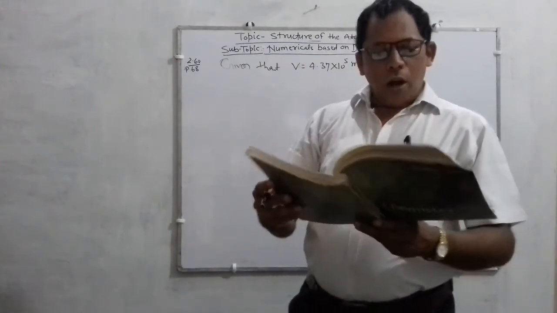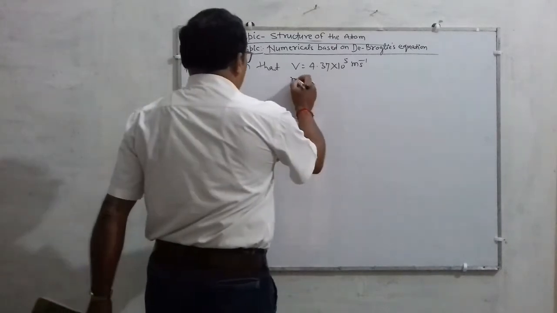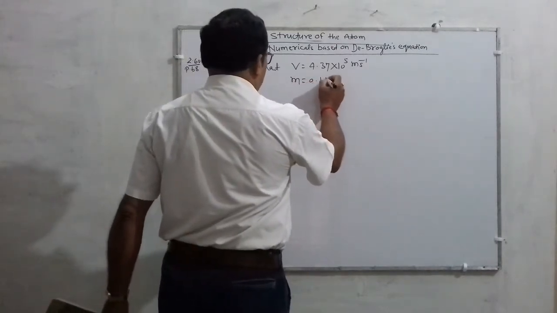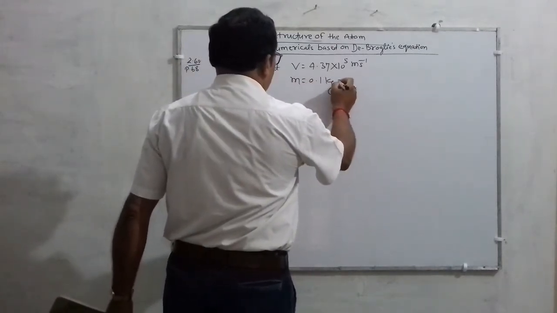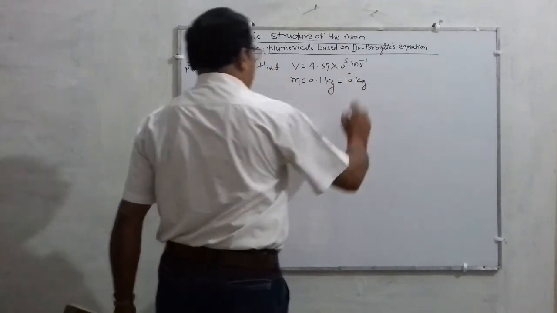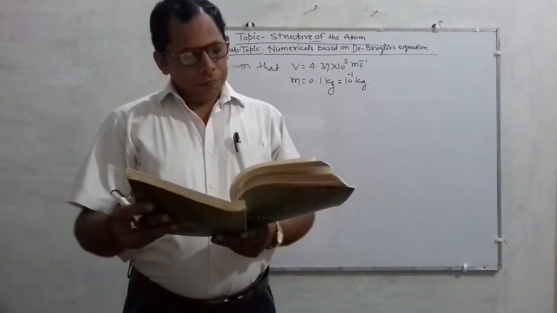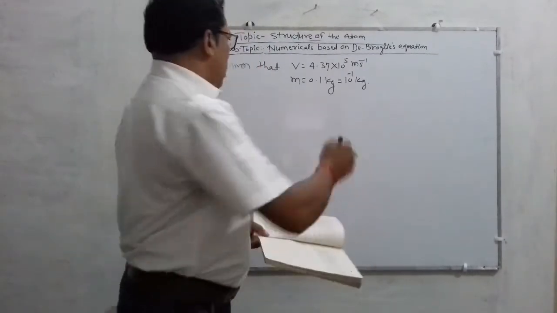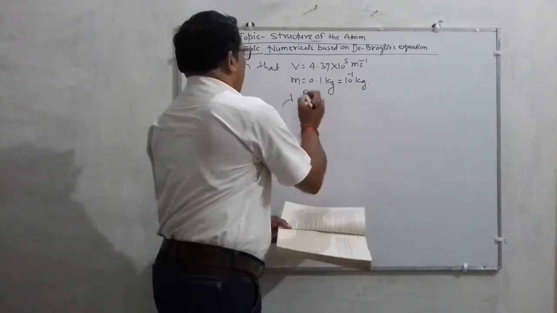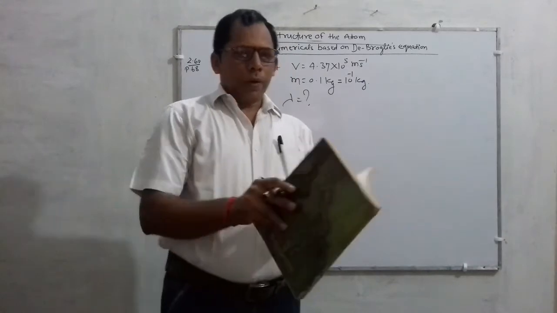If the hockey ball of mass 0.1 kilogram, that may be written as 10 to the power minus 1 kilogram also, then calculate the wavelength associated with this velocity.